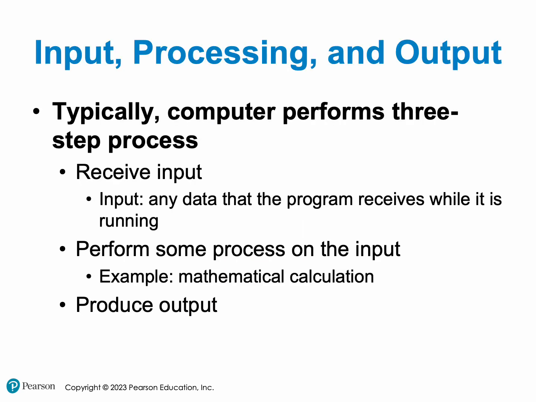Now, let's move on to the actual coding. There are a couple of things that you need to know. Typically, when we work with our computers as coders, your computer will perform a three-step process. Your computer will receive input, and by input, I mean any data that your program receives while it's running. Then you're going to do something with that input.